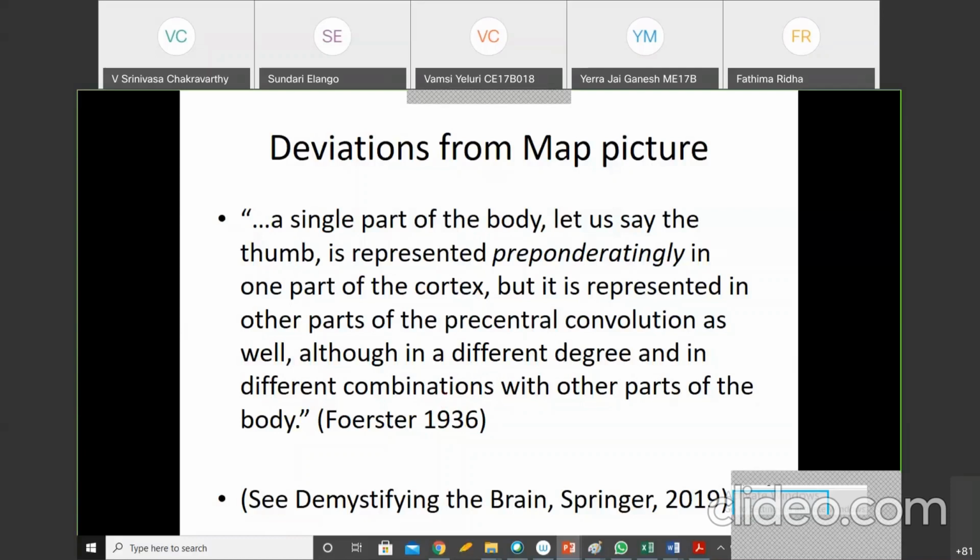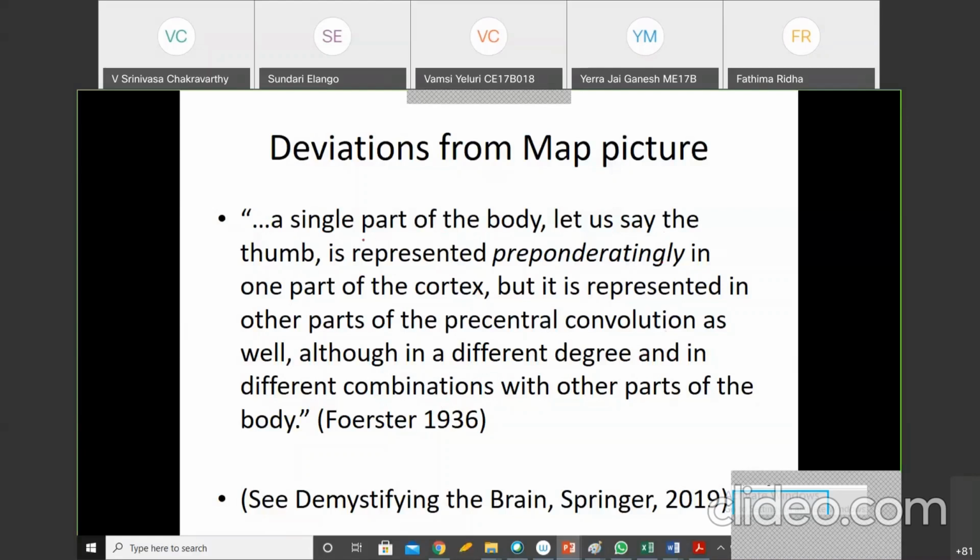Whereas Penfield popularized a simplistic picture of motor maps, that different parts of the motor cortex control different parts of the body, a very simple mapping between motor cortex and the various parts of the body, Forster found it's not as simple as that.